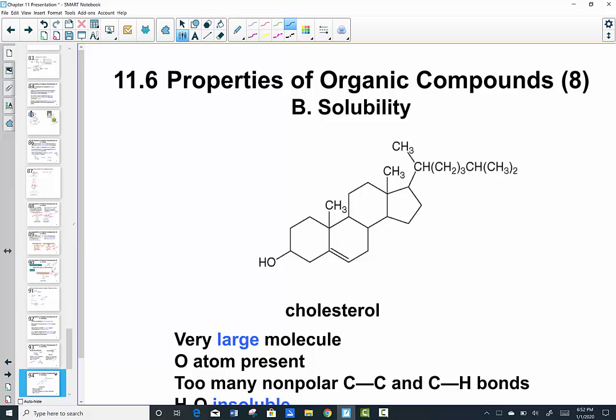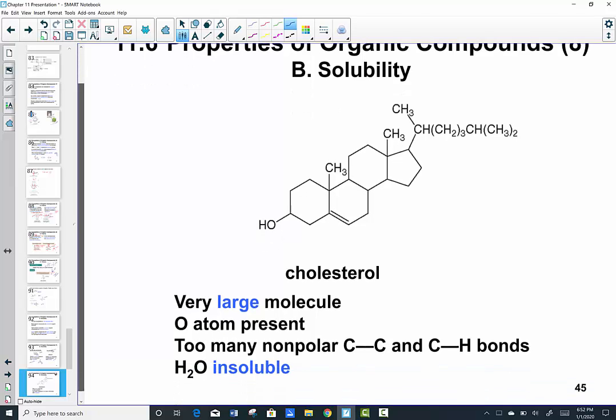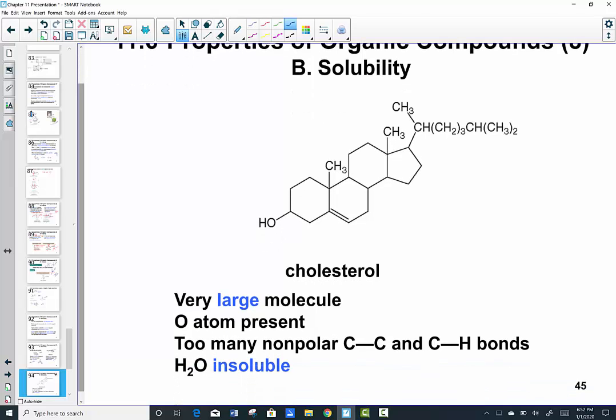Here we have a molecule called cholesterol, and it's a very large molecule, isn't it? The size of cholesterol makes it so large, so heavy, that it is actually insoluble in water. Now notice that I find some polar regions.